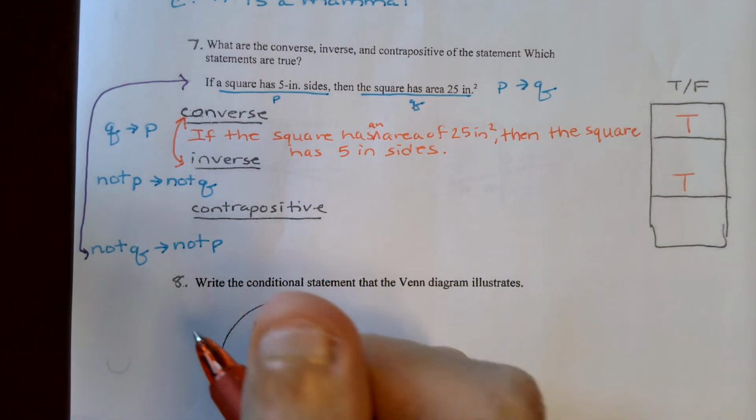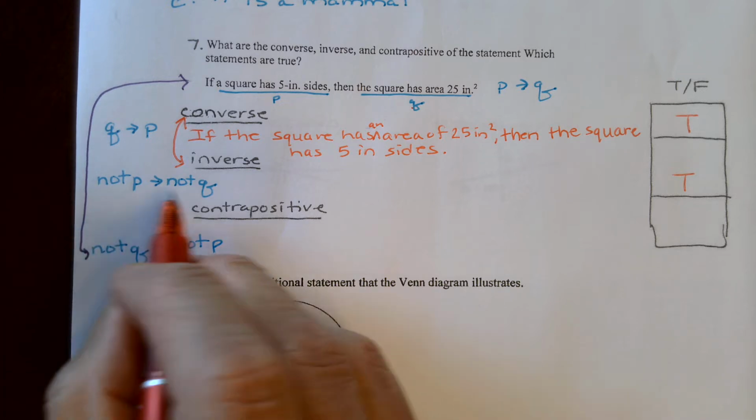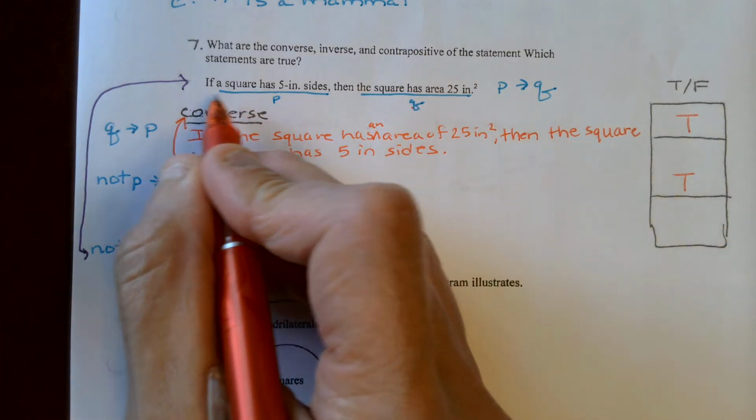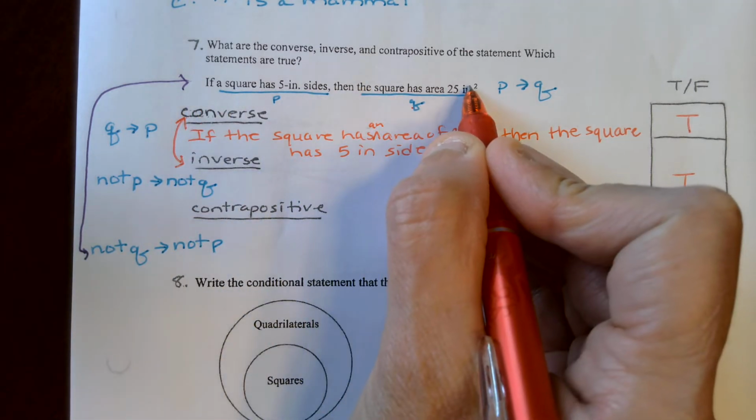So I already know my inverse is going to be true, but let's take a look and make sure, because sometimes you catch mistakes by checking them. So not P to not Q. I'm going to leave it like P to Q. It helps to label them, but I'm going to negate this and negate this.